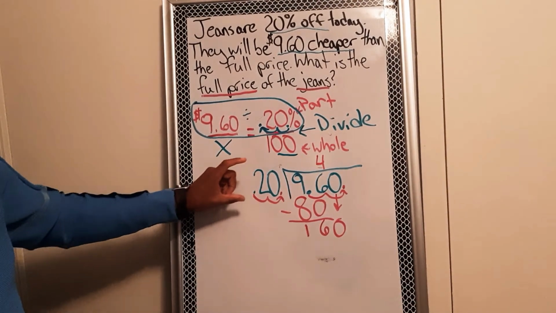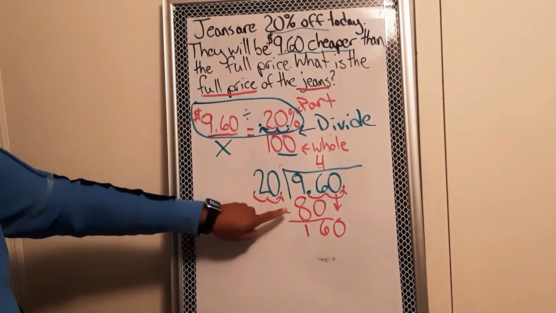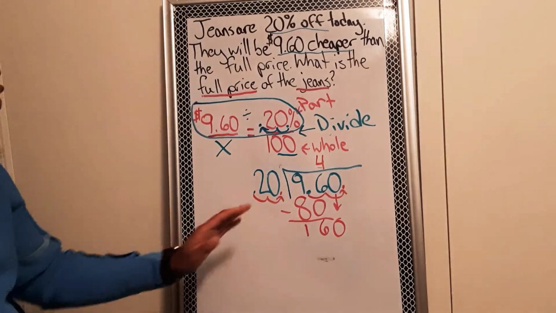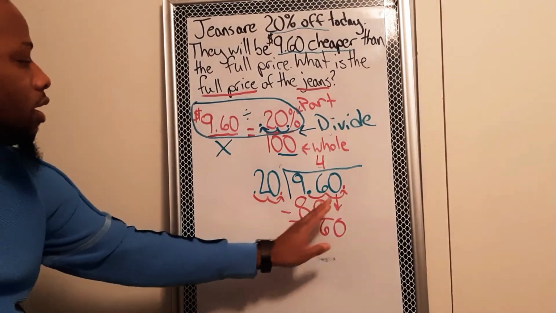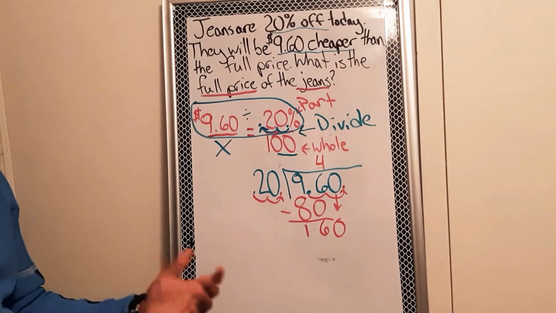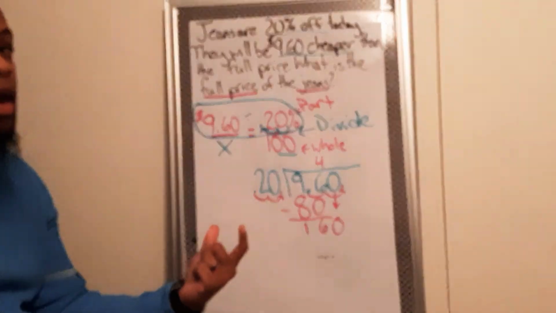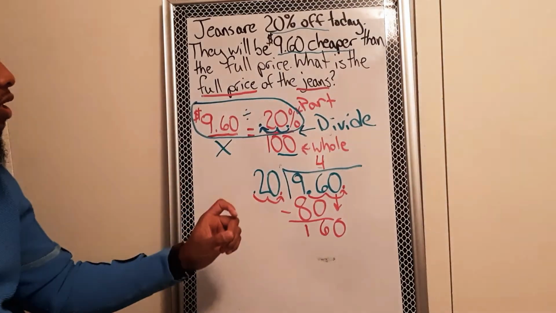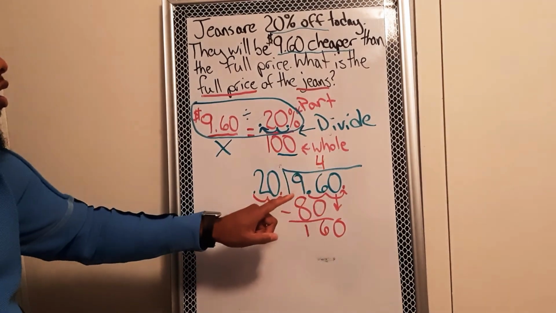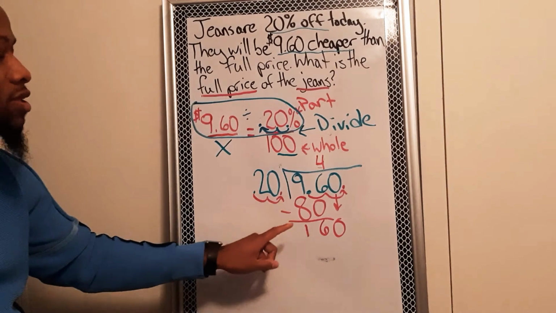So if I double 4, then I must double 80. If I double 80, or take off the 0 in 80, I'm looking at 8. 8 plus 8 gives me 16. So if I add the 0 back, now I have 160. So I know that 20 times 8 gives me 160.